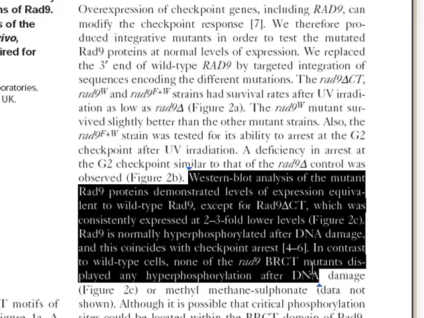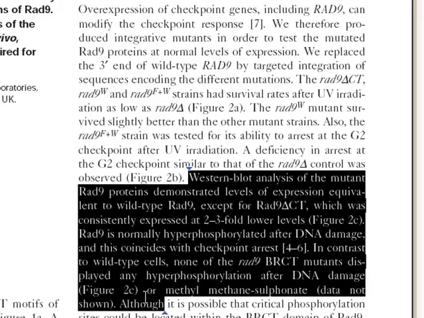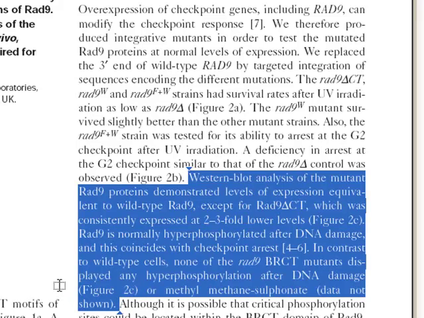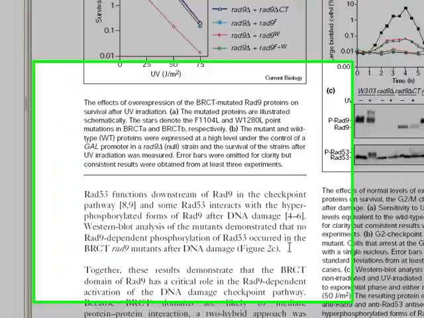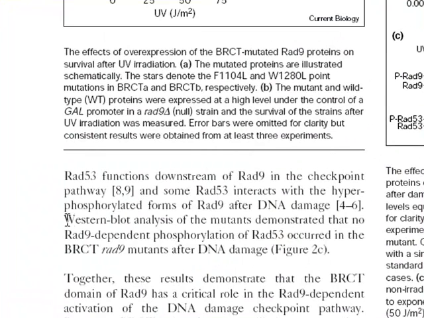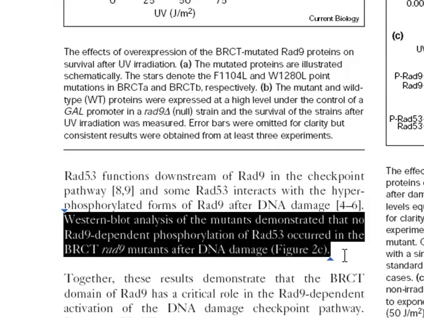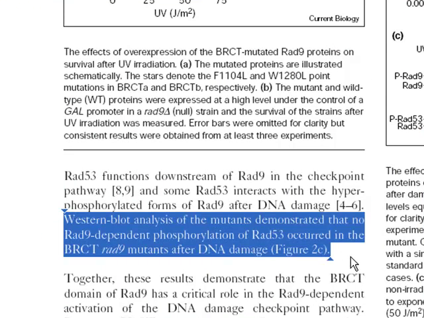In contrast to wild-type cells, none of the Rad9 BRCT mutants displayed any hyperphosphorylation after DNA damage, Figure 2c, or MMS, data not shown." And later, at the end of the paragraph, "Western blot analysis of the mutants demonstrated that no Rad9-dependent phosphorylation of Rad53 occurred in the BRCT Rad9 mutants after DNA damage, Figure 2c."